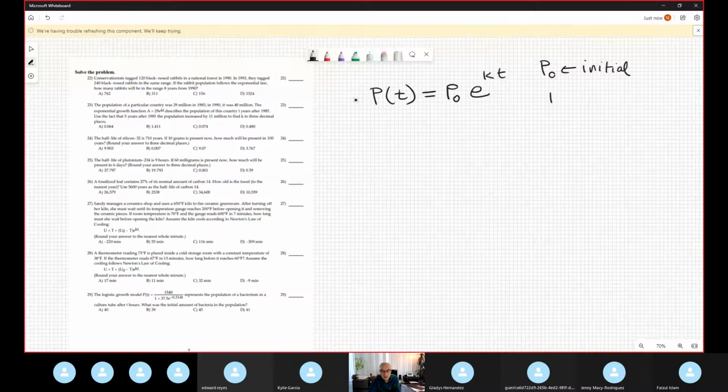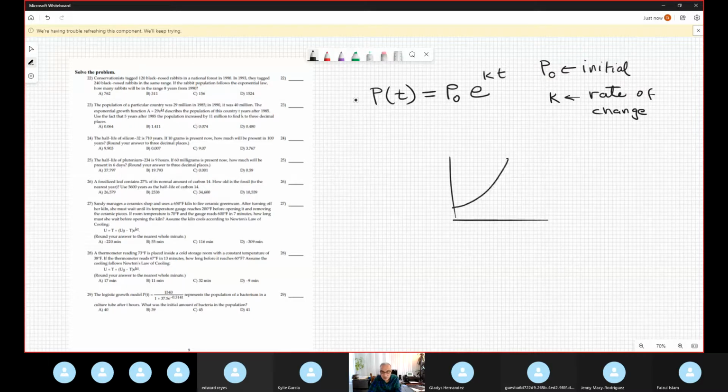And k is always in the exponent; it is the rate of change, similar to the interest rate in money. But in this case it's not money, it's a biology problem or physics, whatever. Actually we have an exponential, but we have a family of exponentials, and this family has different k: k1, k2, k3.